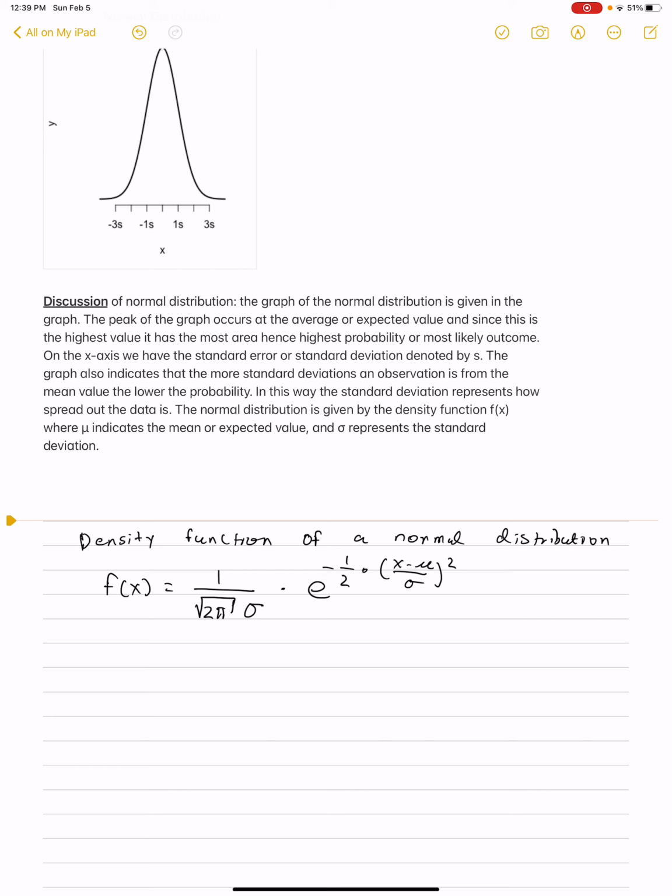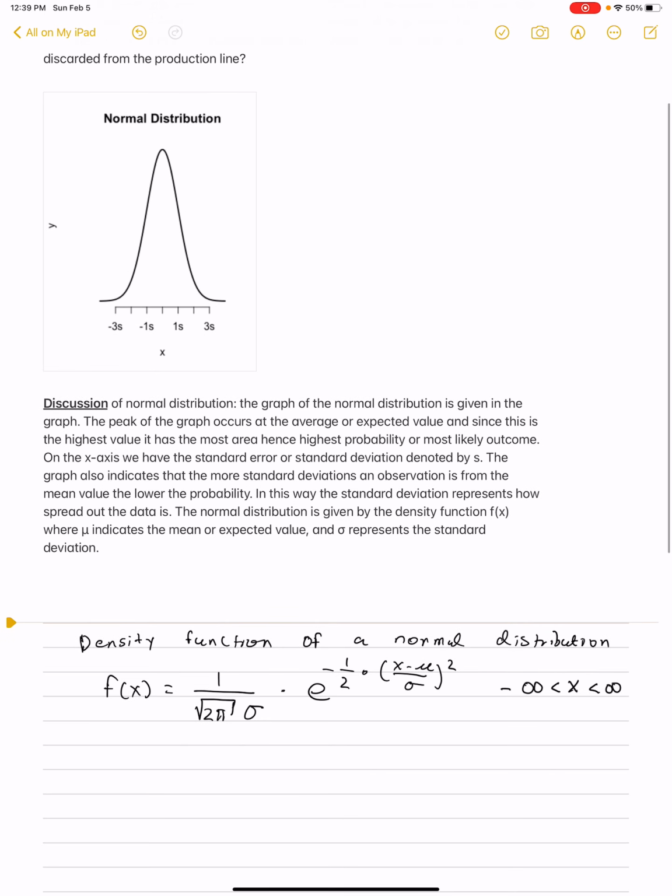That's the density function of a normal distribution, and this applies for all values of x between minus infinity and infinity. And if you were to graph it, you get that graph above titled normal distribution.